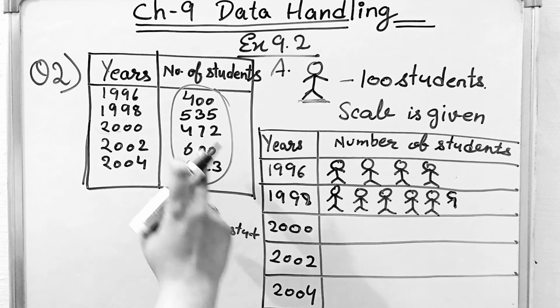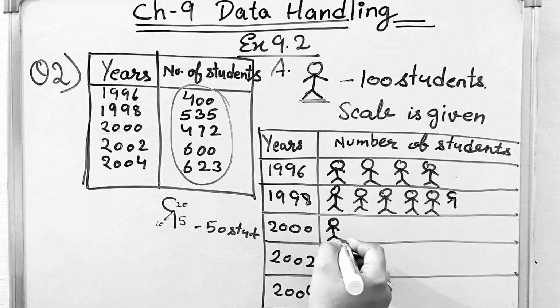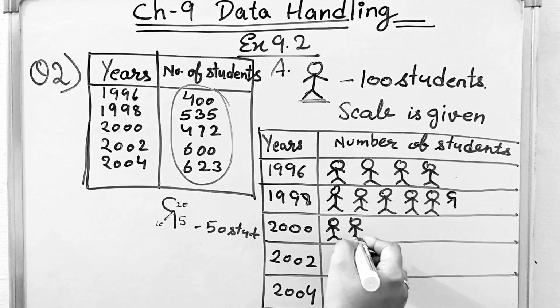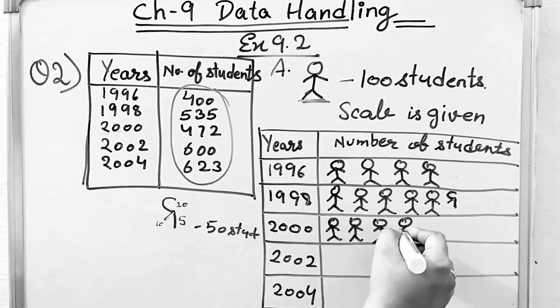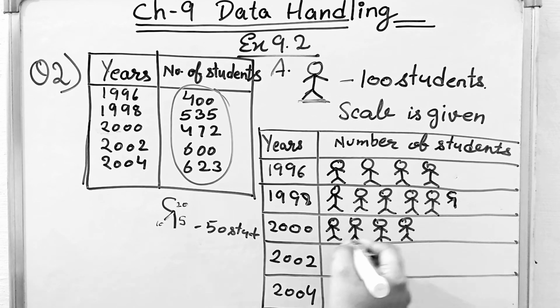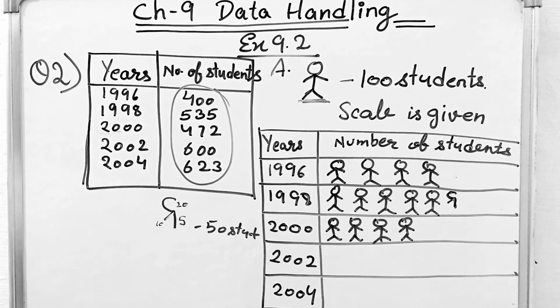Now for next year it is 472. So 400 will be represented by 4 symbols. And then again for 72 you can decide according to yourself. For this what you can do, if this is your complete symbol, if we remove this one leg, it becomes 90.